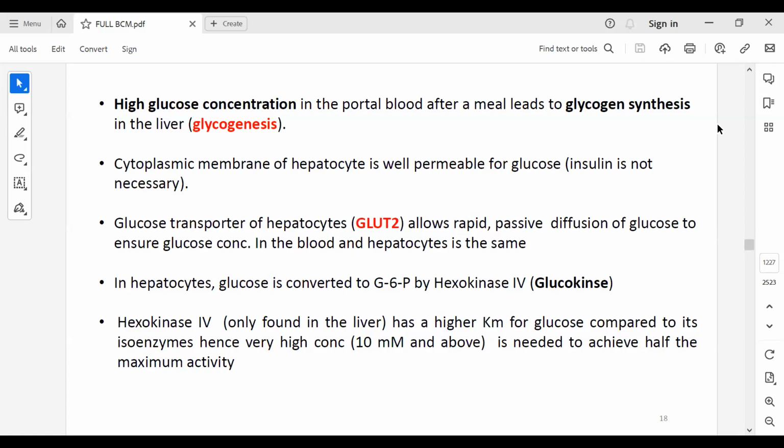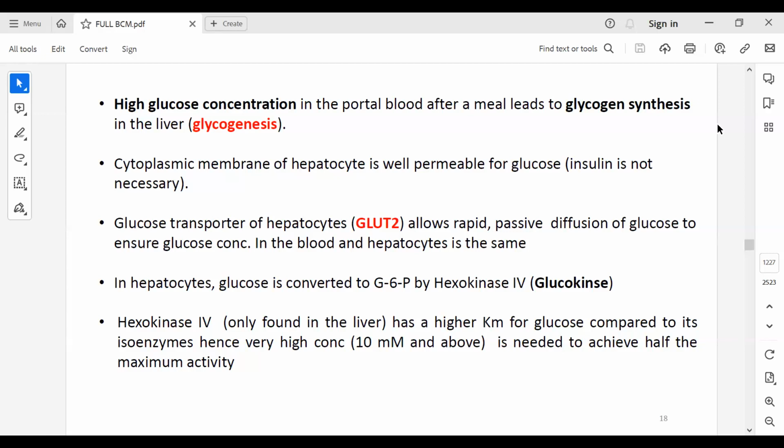And of course, we've already mentioned how there are different types of GLUT transporters. And in the liver, the hepatocytes are using GLUT2 transporters. And again, for any glucose to go under glycolysis, it must be converted into glucose 6-phosphate using the hexokinase 4, the glucokinase. So we've already talked about in enzymology how the enzymes have isoenzymes.